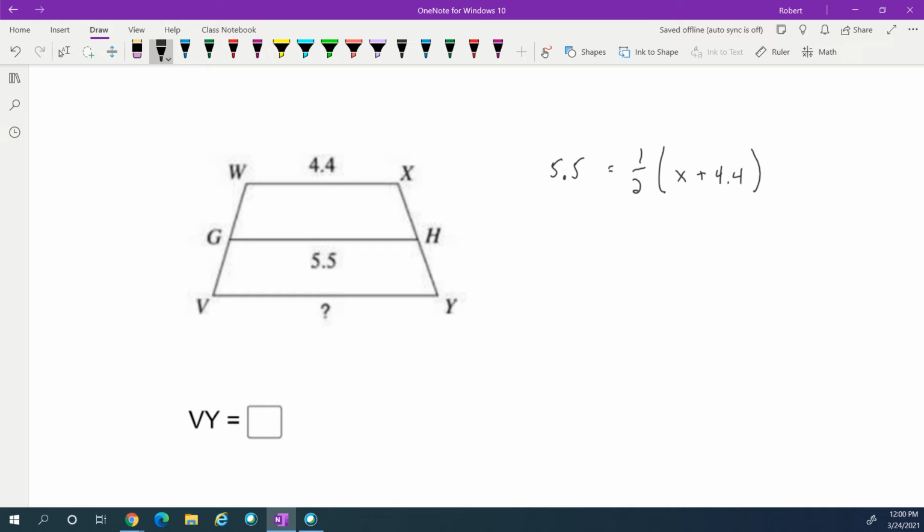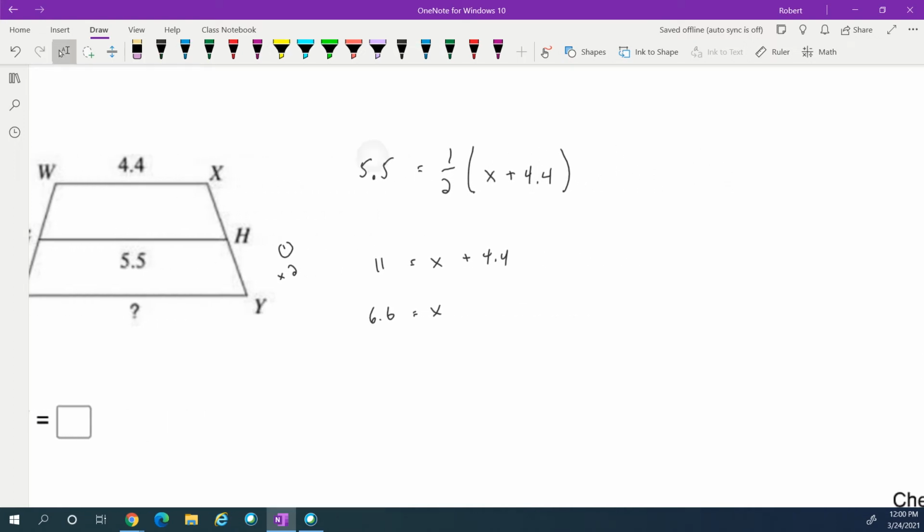Now we can perform our algebra. Again, just like before, we've got two options. Multiply by 2, and we get 11 equals x plus 4.4. Subtract 4.4, and we get 6.6.